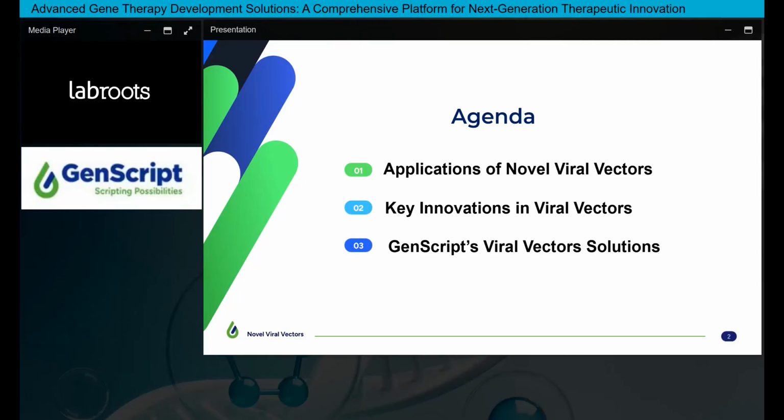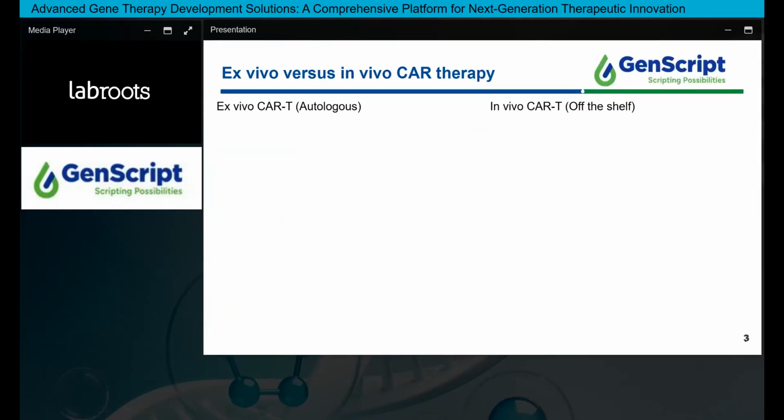And finally, I will showcase how these innovations are being integrated into the latest upgraded GenScript viral vector solutions. I hope my talk is comprehensive and valuable, showing where the field is heading.